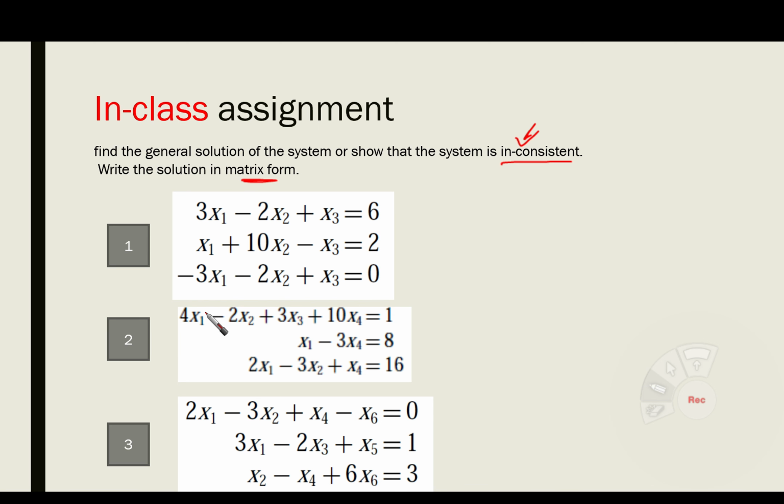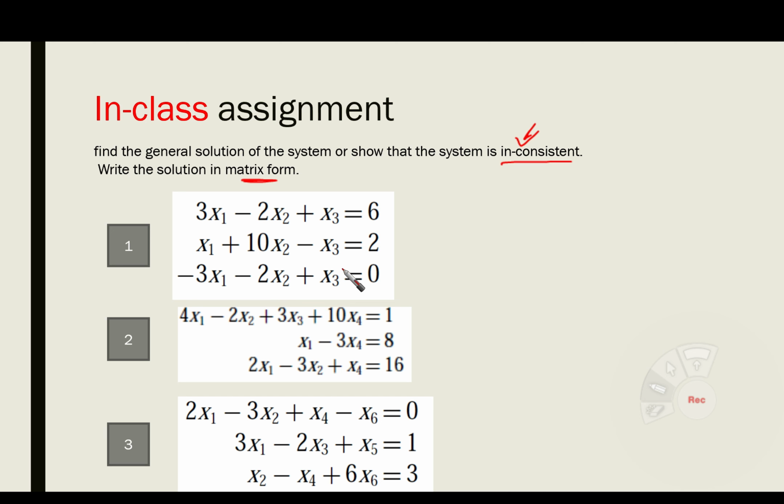You need to solve them based on what we have learned up till now. As usual, you need to stop here, solve the systems by yourself, and check the results with the answers that I'm going to show you.